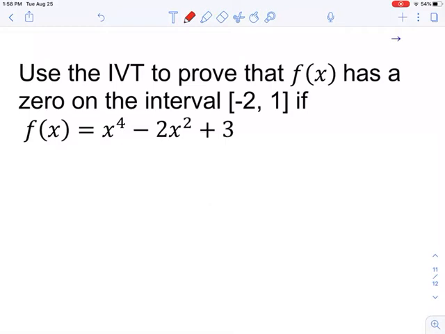So you're going to have some homework problems like this. Prove that f of x has a 0 on this interval. So I'll go ahead and let you write down the interval, write down the function.